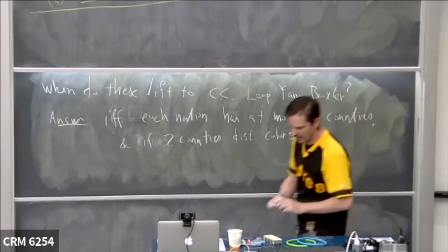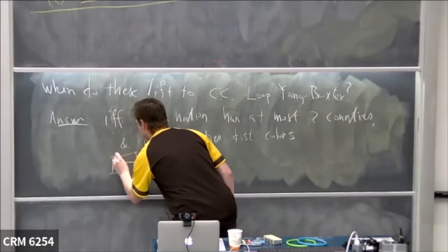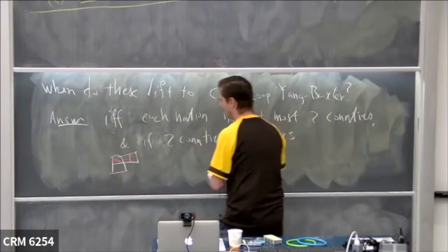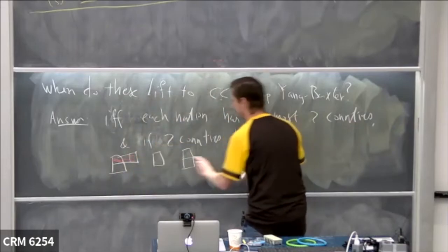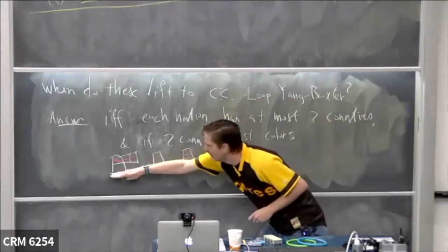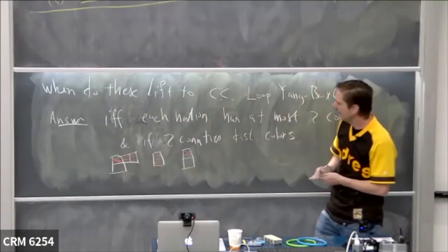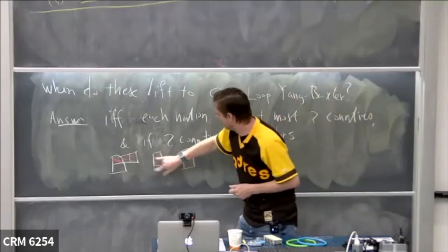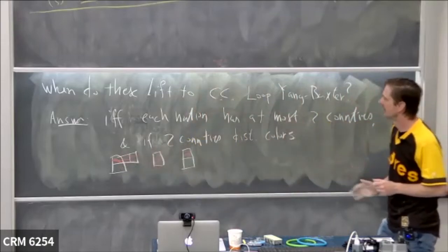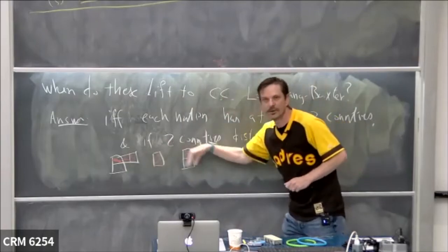So for example, if I have something that looks like that, and maybe I've got some more, something like this one would lift. But if I have more counties, it won't lift. And moreover, if this county and this county were the same color, it wouldn't lift. You can have as many nations as you want, as long as they each individually obey this rule.